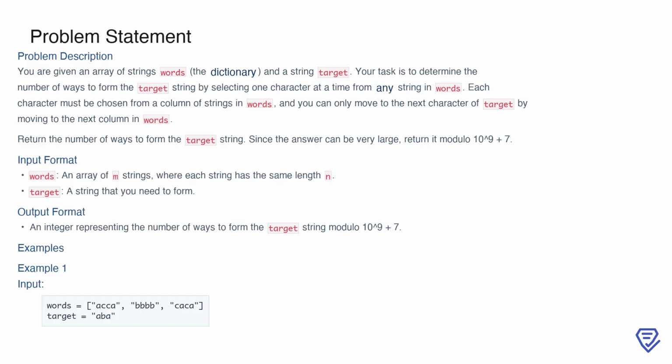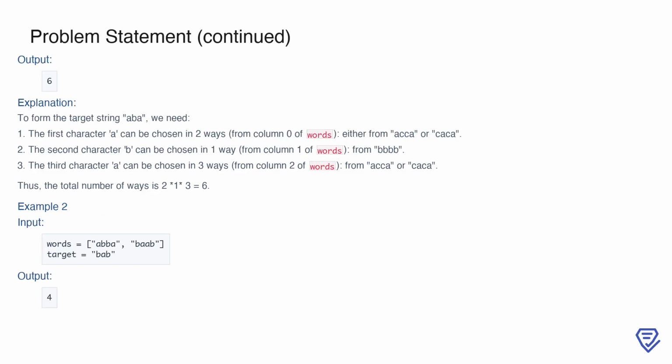Once you choose a character for a position in target, you move to the next column for the next character. The final result, which can be very large, must be returned modulo 10 to the power of 9 plus 7. The input consists of the array words, where all strings have the same length, and the string target. The output is a single integer representing the number of valid ways to form the target string under these rules. Let's look at an example to better understand this.